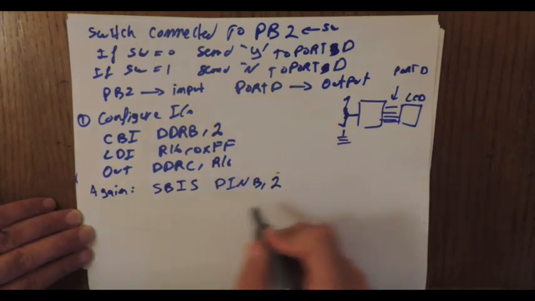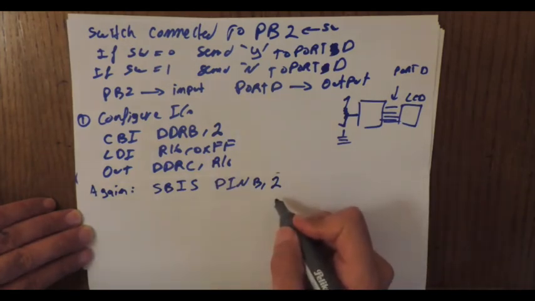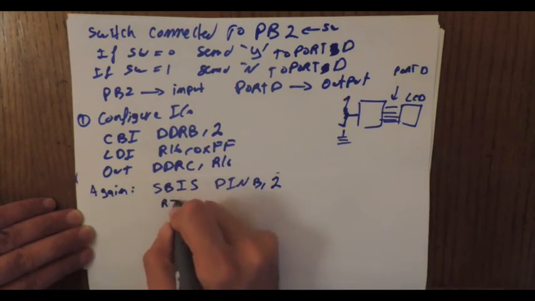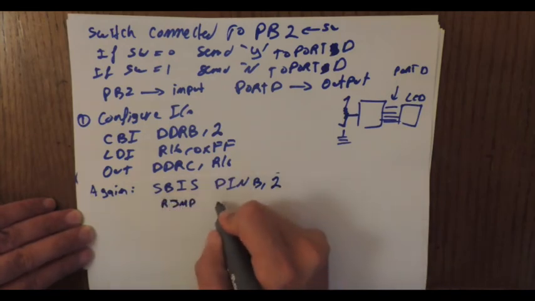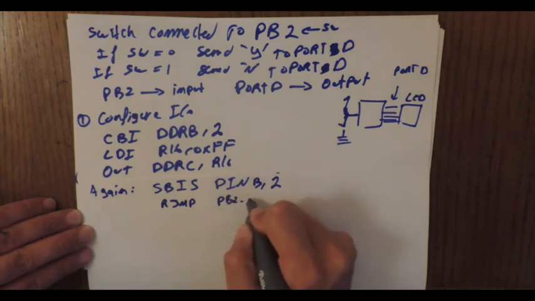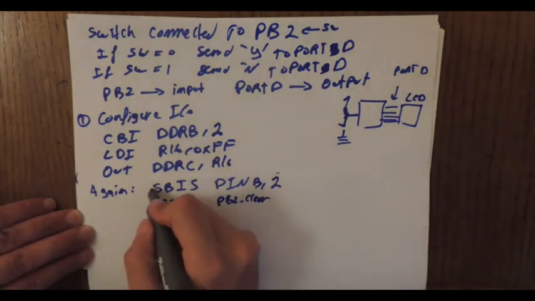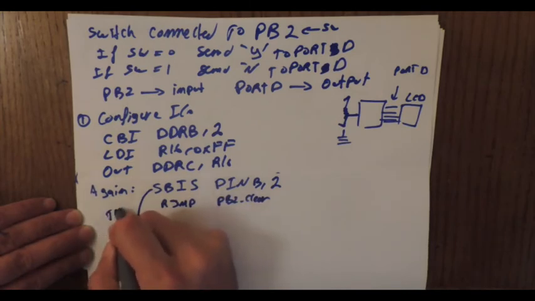So if it is set, I will skip this instruction. Otherwise, I'm gonna go to, let's say, PB2 clear. This is my label.